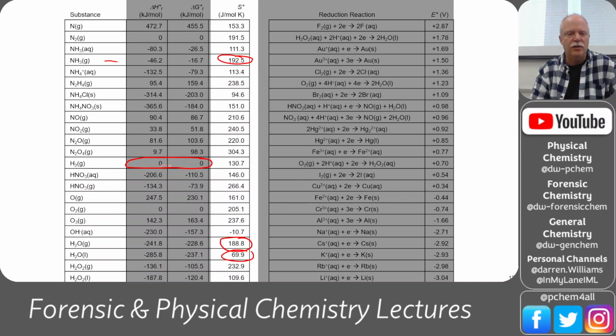So those are 0 for hydrogen gas, but notice the entropy is not 0. So that's one place where people make mistakes. They think that the elements in their standard states are 0 for all three, for entropy, enthalpy, and Gibbs energy, but they're not for the entropy. Entropy has values because its reference is 0 Kelvin, and everything else is relative to 0 Kelvin.